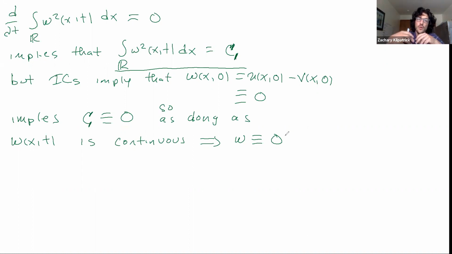Okay, so in order to preclude these sort of pointwise discontinuities from happening, we have to make an assumption about continuity of W in this case. Okay, so as long as W is bounded, it's continuous, and it tends to 0 as x goes to infinity, then this implies that U is equal to V. Okay? Questions about that?